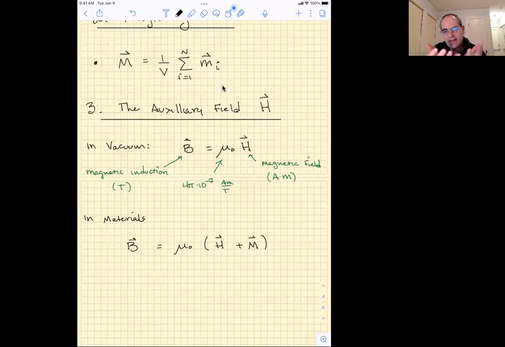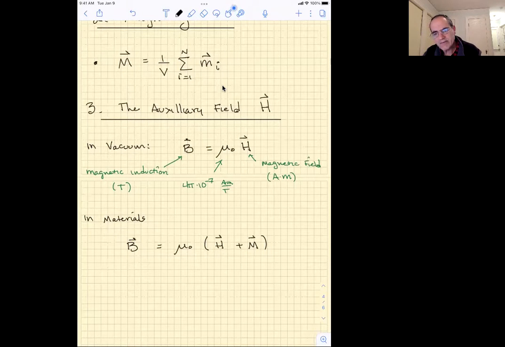Suppose I have an electromagnet, and then I place in the field of the electromagnet a piece of magnetic material, iron, I guess. The iron magnetizes. Well, the B field is due to the sum of the magnetic field produced by the magnet and the magnetic field produced by the magnetization. Whereas it turns out that the H field is just the field produced by the electromagnet itself. Okay? B and H play kind of similar roles to E and D, the displacement field, when we talk about dielectric material.